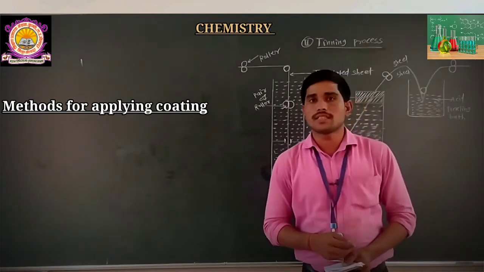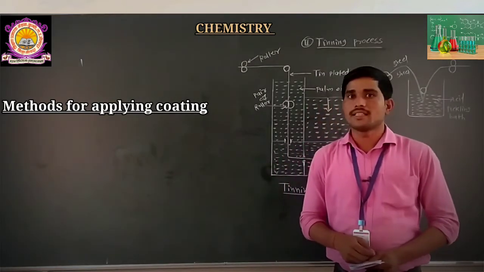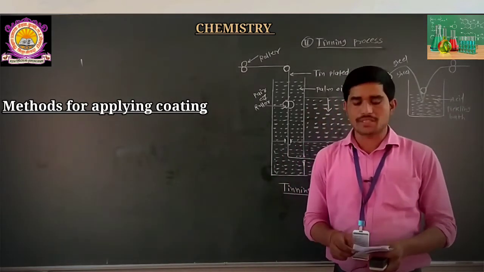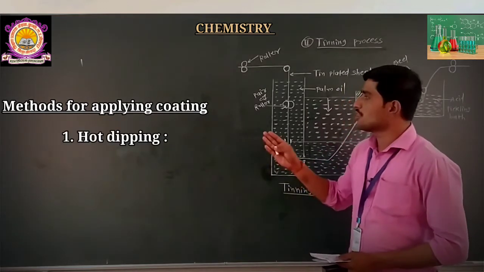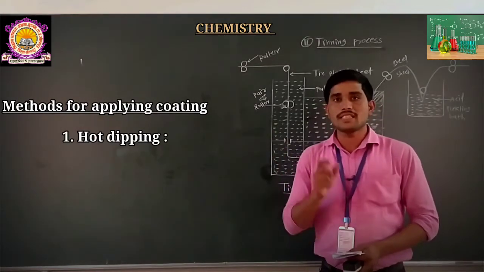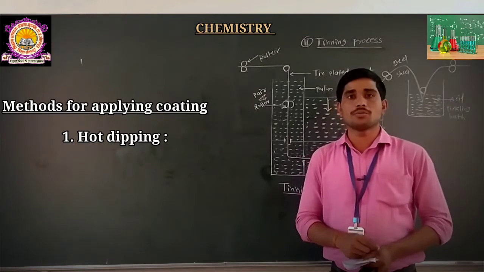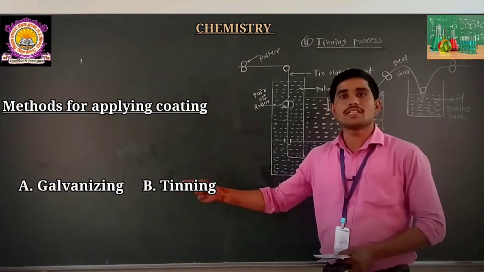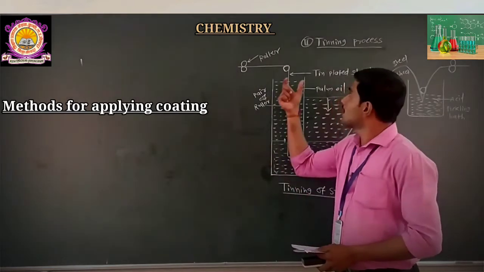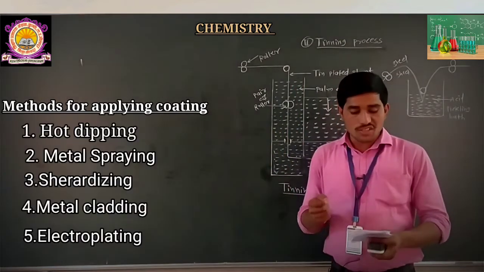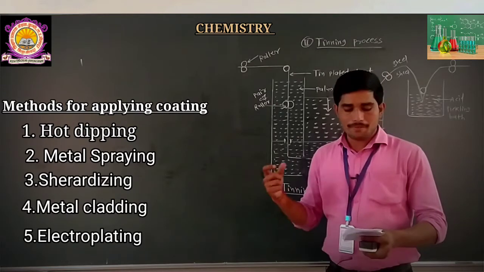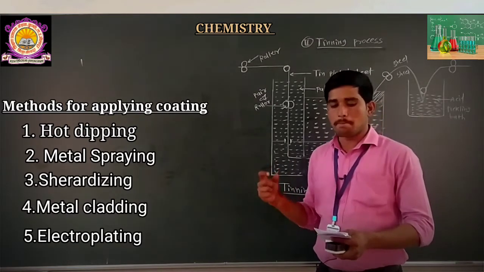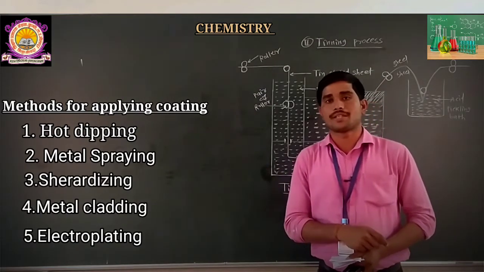The first method is hot dipping, and this hot dipping method is divided into two different types. First one is galvanizing and second one is tinning, and the later ones are metal spraying, sherardizing, metal cladding and electroplating.